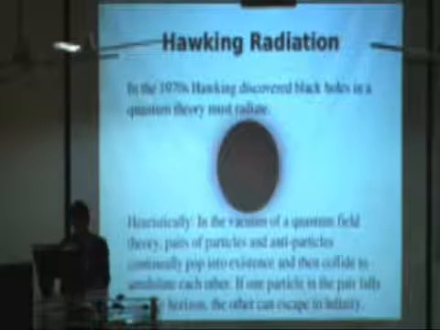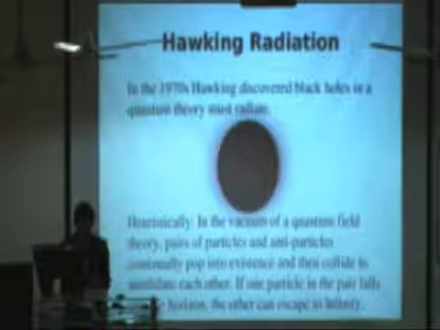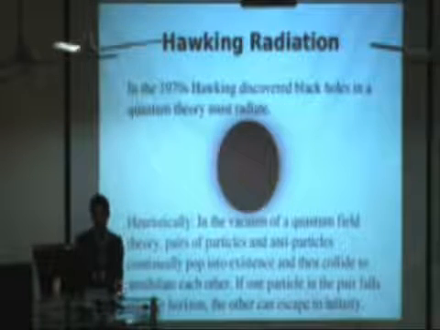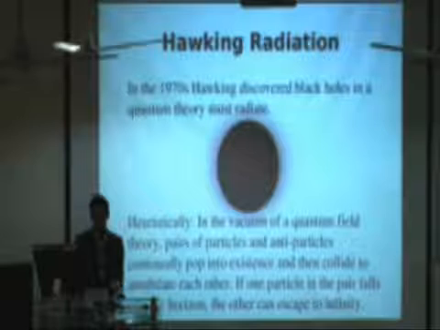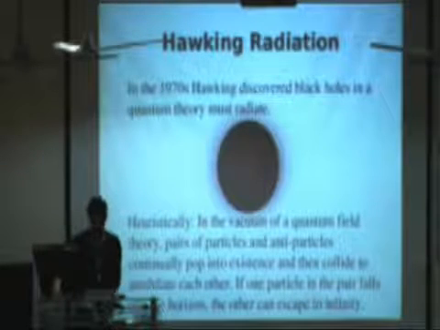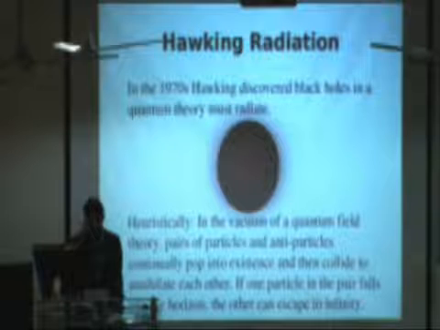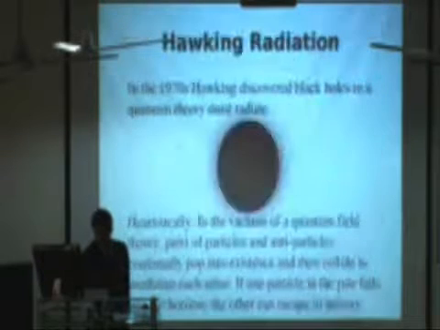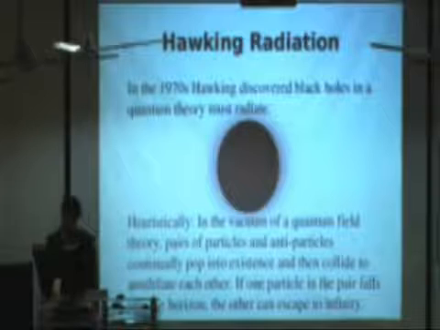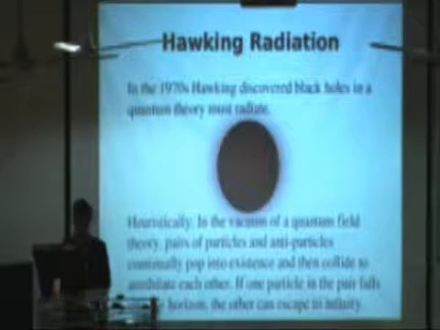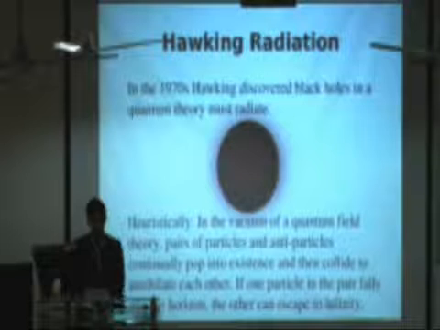However, if a pair of particles pops in and out of existence very close to a black hole, then one might fall into the black hole while the other escapes to infinity, and that becomes a source of radiation. Even on general grounds, from Einstein's A and B arguments, in a quantum theory anything which absorbs must emit.